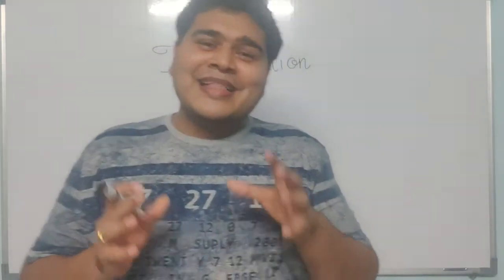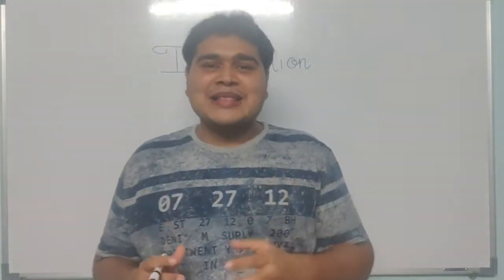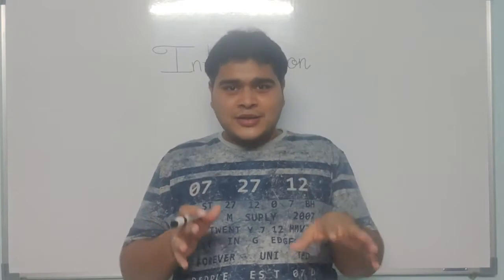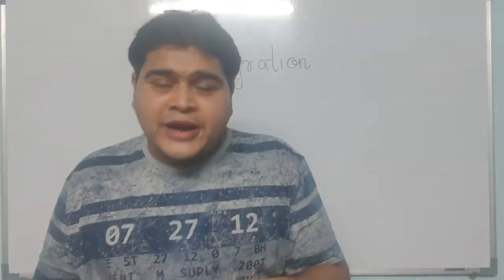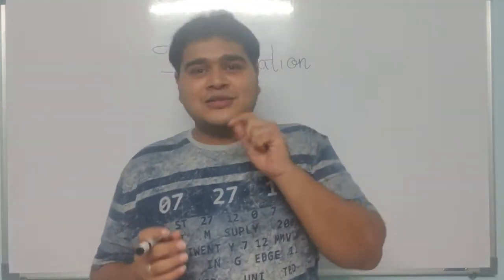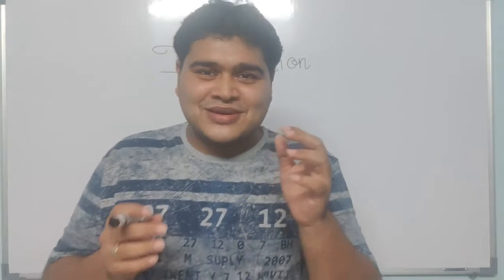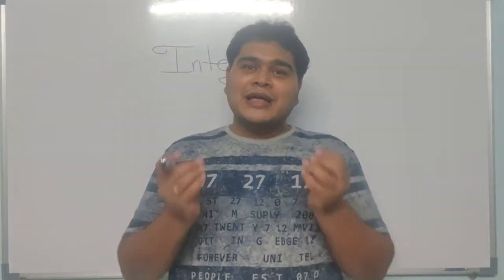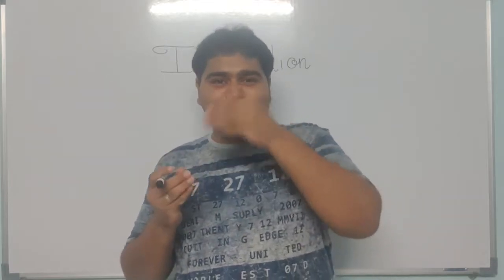That means I'm going to add 1 plus 1.000000000000001 plus 1.0000000000002 plus 1.000000003. You're tired, guys. So just imagine if I go from 1 to 2 with such a small interval.